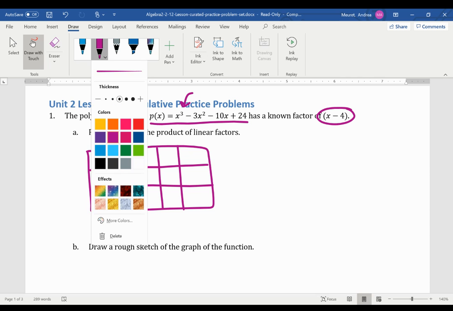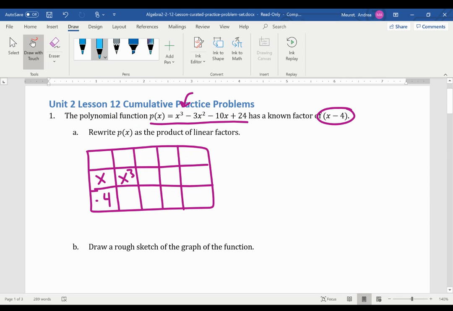And now I think about, okay, what values are going to go across the top? So my first target is, what do I multiply the x by to get x to the third? I multiply by x squared. And so x squared times negative 4 is negative 4x squared, and that's what goes down there.